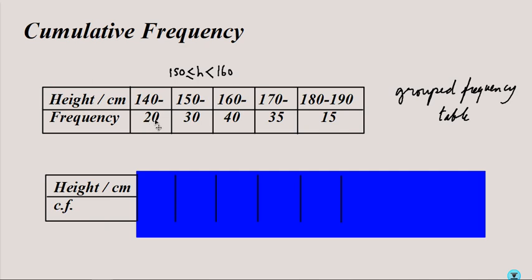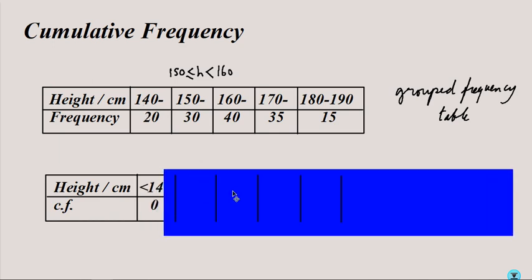They could all be at 140, they could all be 145, they could be distributed evenly or unevenly, we don't know. In this case, we have lost some detail but gained clarity because we ended up with grouped frequency rather than individual heights.